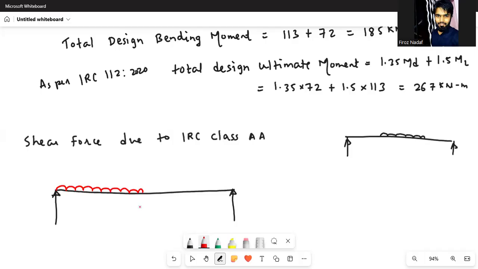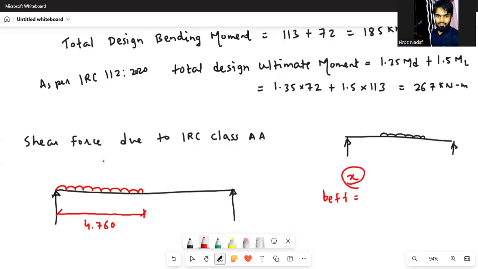The distance of the UDL is nothing but dispersion length, which is 4.760. Now when you change the position of the UDL, X will also change. What is X in the B effective formula? X is the distance of the center of gravity of the load from the nearest support.